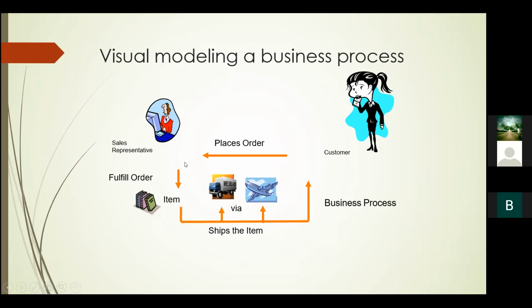After the fulfillment of the order or transaction, mag-shipment na siya na item, then papunta dun sa customer. This is a simple visual modeling process para mas mabilis lang natin makita kung paano nagpo-process yung isang business. Okay po. Pero iba-iba po yan, depende po yan sa gusto ng kliyente.